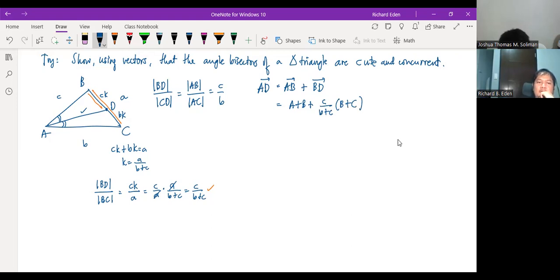All right, so then we have the following: A plus, and then paano ngayon ng B, ang kasama ng B ay 1 plus C over B plus C, and then B. And then for C, it's C over B plus C multiplied by C, which is now equal to the following.